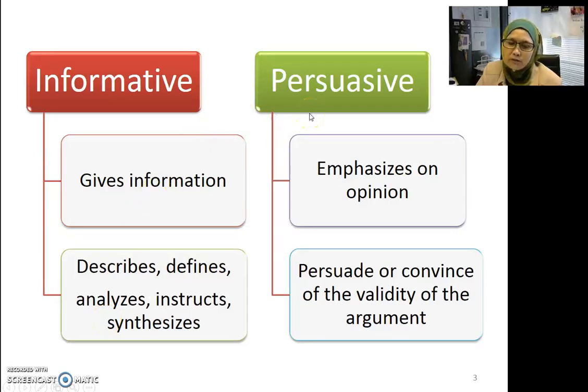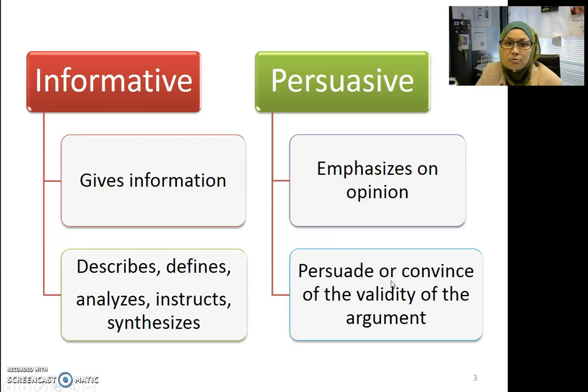However, persuasive presentation will actually emphasize your opinion or what you feel or your beliefs about a certain topic. So you are required to persuade or convince the audience through some form of argument.